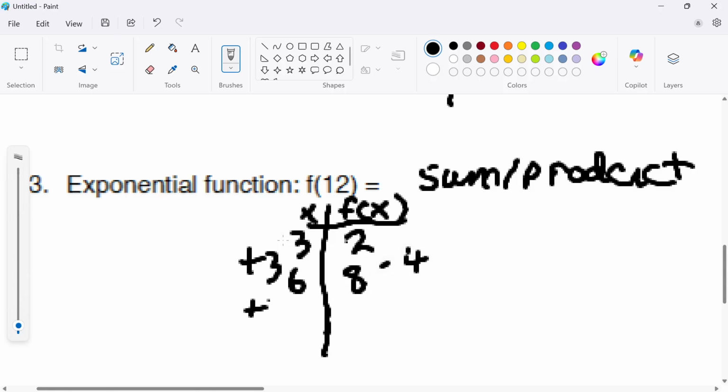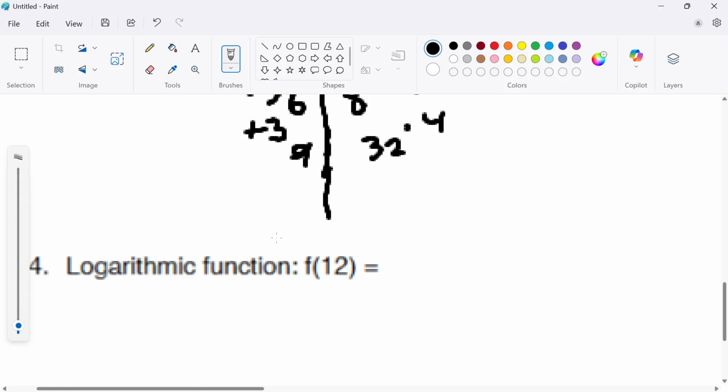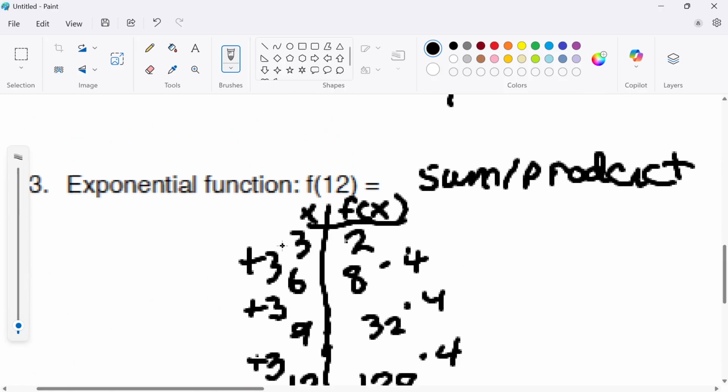So I'll add another 3. I get to 9. 8 times 4 is 32. And then I add another 3 to get to 12. That's where I want it to be. 32 times 4 is 128. So for the exponential function, f of 12 equals 128.